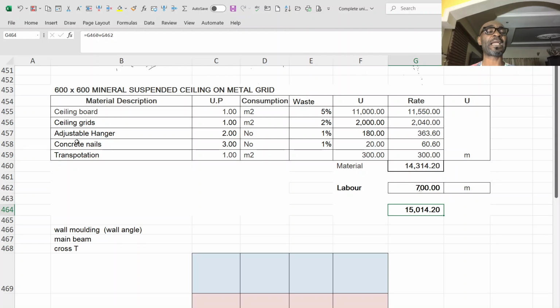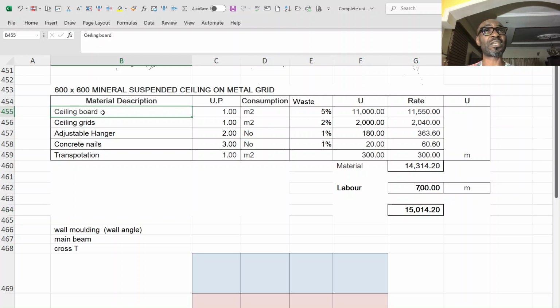So like I said, in all the 600 by 600 types of ceiling, the only thing that will either change or that you need to add or change in terms of price is the ceiling board, because I told you that it varies.